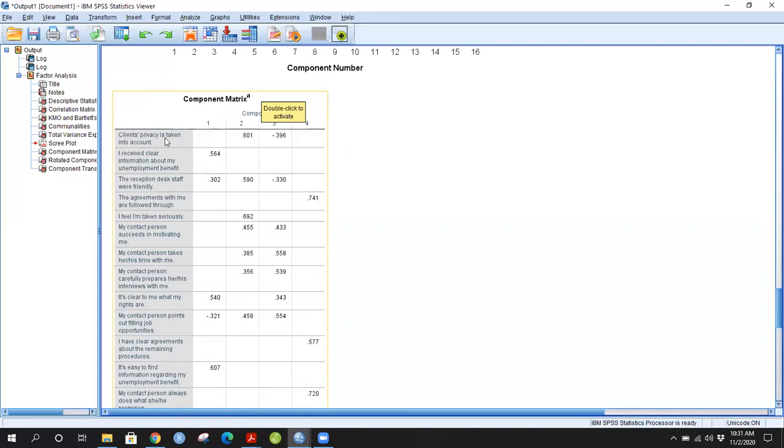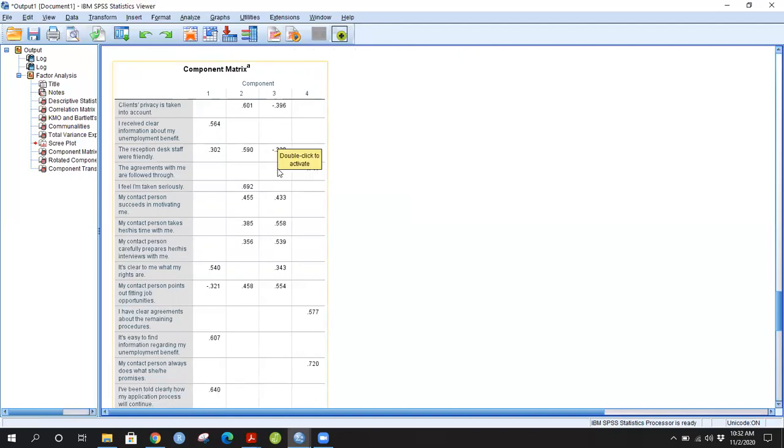Usually that's a rule of thumb, that any factor loading which is below 0.3 or 0.5 is not worthy. That means that particular variable does not load, or I should say contribute meaningfully to that particular factor. That is why we had given an instruction to SPSS to remove such factor loadings below 0.3.